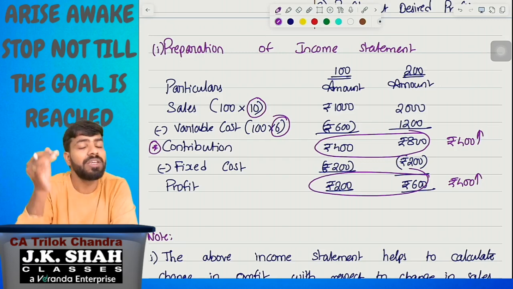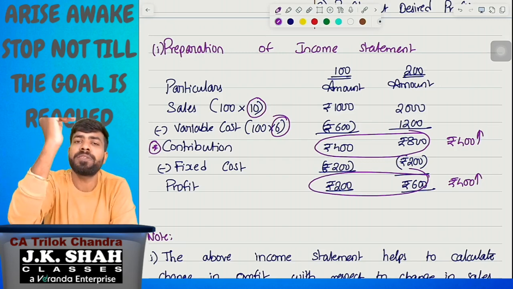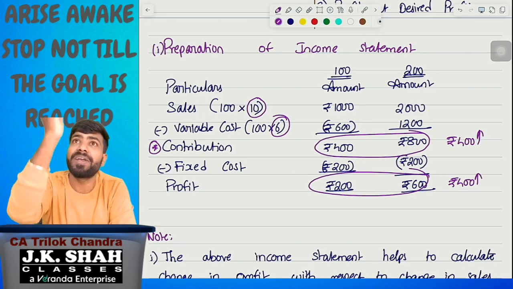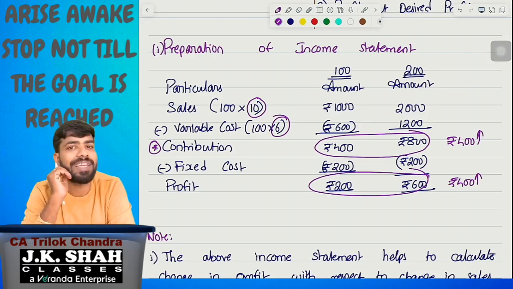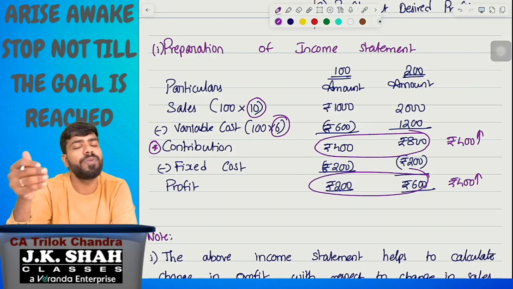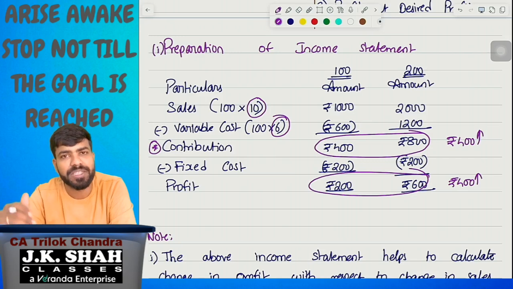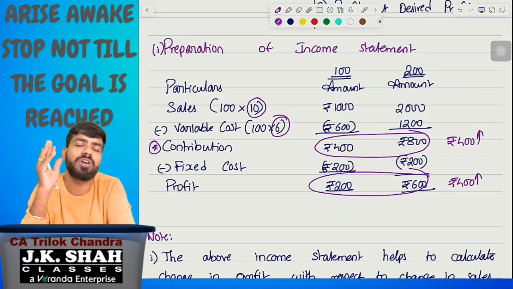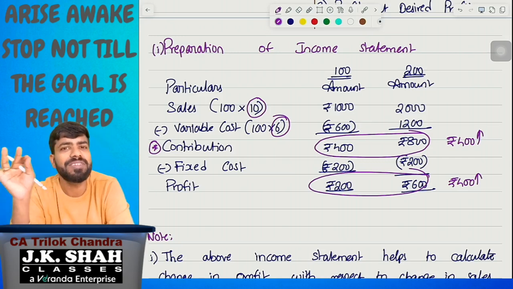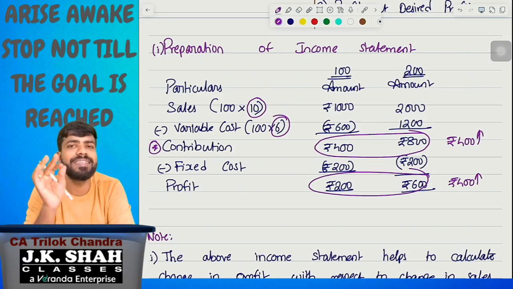If your contribution increases by 10 rupees, your profit also increases by 10 rupees, because in between those two, fixed cost is constant. If your contribution decreases by 50 rupees, your profit also decreases by 50 rupees, because the fixed cost is constant. So change in contribution is always equal to change in profit because of the constant fixed cost.